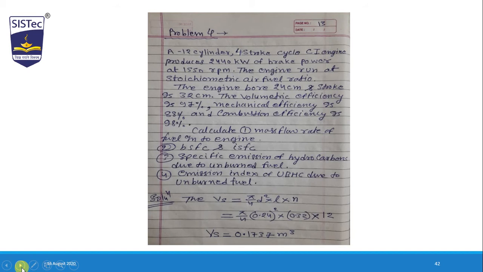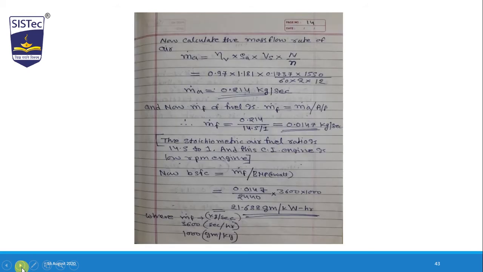So according to the data, the diameter is 0.24 meter. Similarly, stroke length is given 0.32 meter and number of cylinders is 12. So swept volume is 0.1737 meter cube.